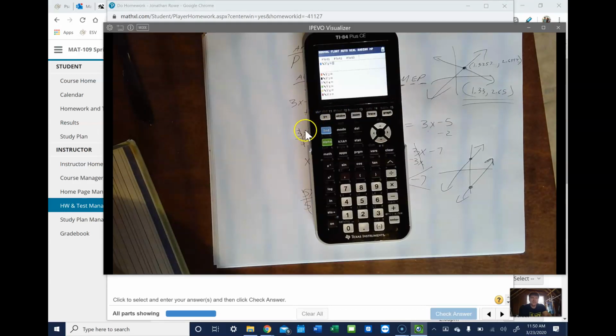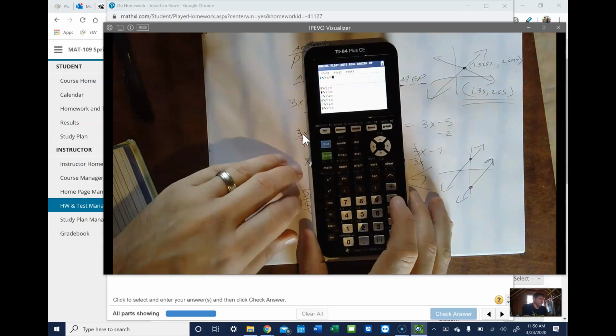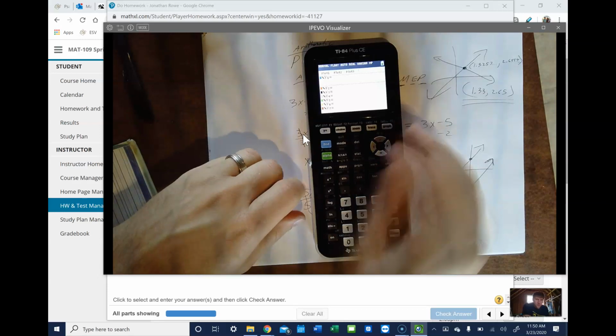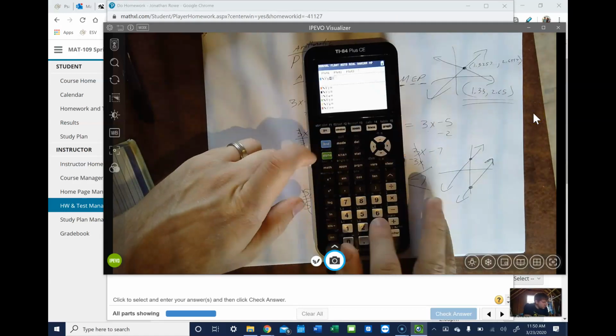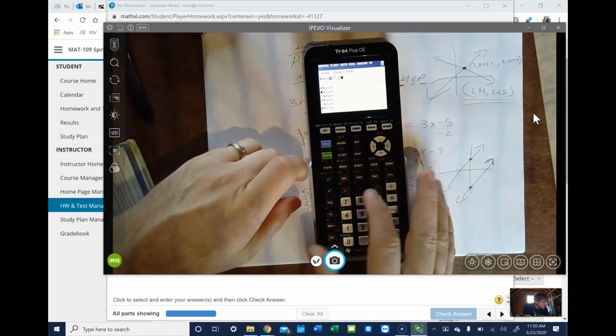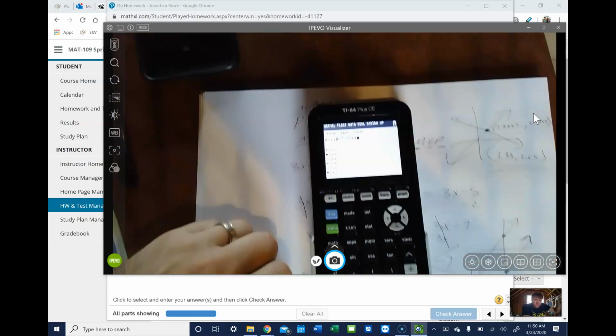I can just find where it hits 0. In other words, where it hits the x-axis when it has a y value of 0. I forget what it was again. X cubed minus 7x plus 4. Let me see if I can zoom in. Let's see.